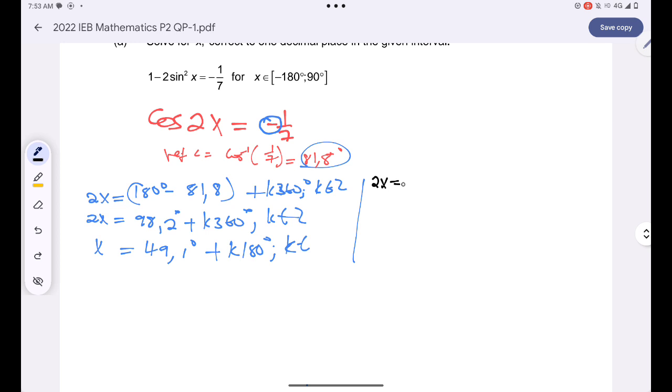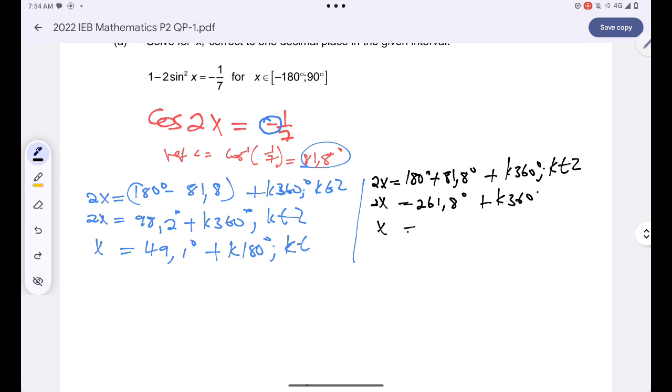So 2x is equal to 180 degrees plus 81.8 plus k 360, where k is an integer. Then 2x is equal to 180 plus 81.8, which gives me 261.8 degrees plus k 360.